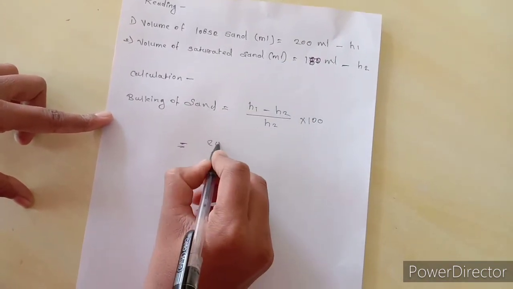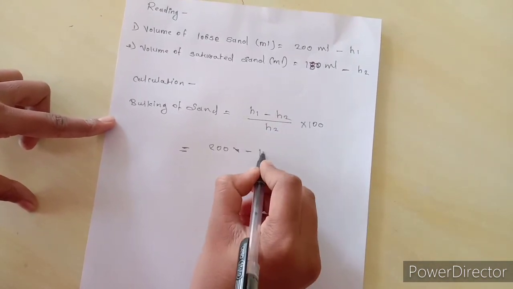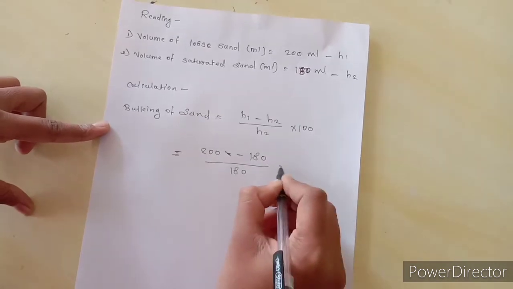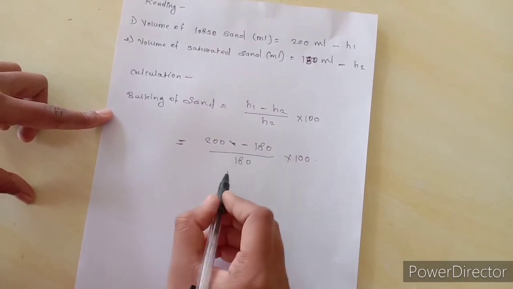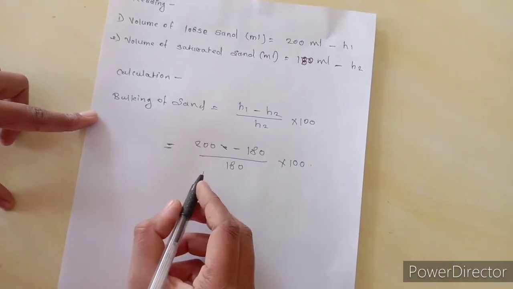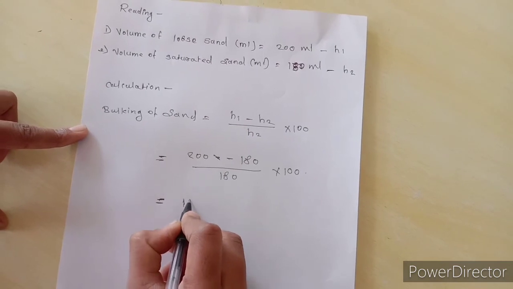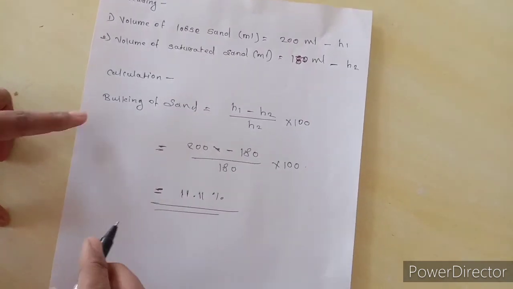H1 is 200 ml minus H2 is 180 ml, divided by 180, multiplied by 100. This gives 11.11%. This is our bulking of sand in percentage.